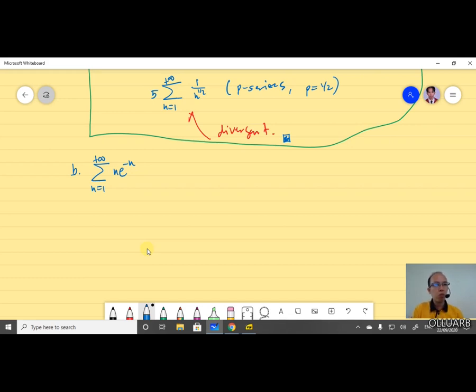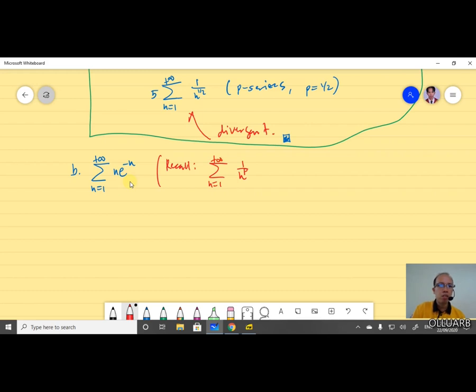If you try to use the idea of the p series, as you have noticed, it will not work. Why? Because if you recall the definition of the p series, this is 1 over n to the p, where n starts from 1 to positive infinity.